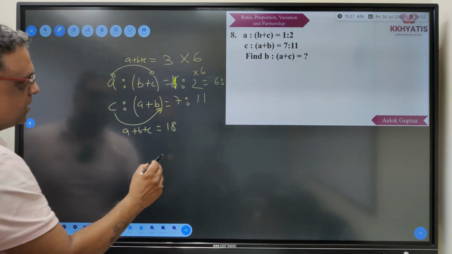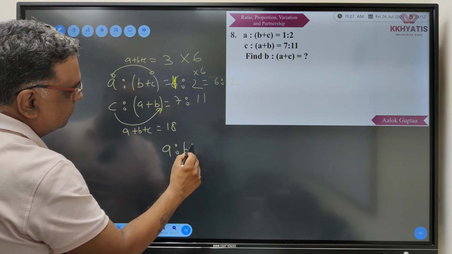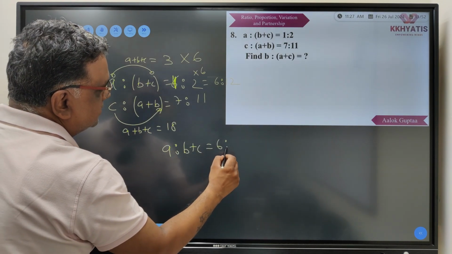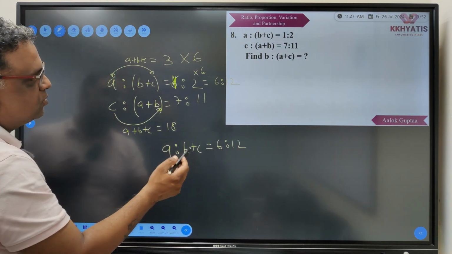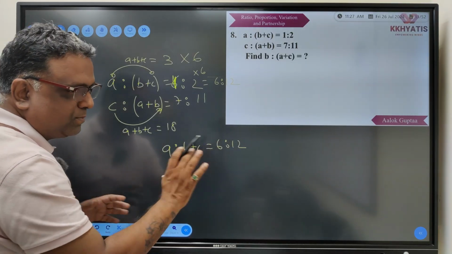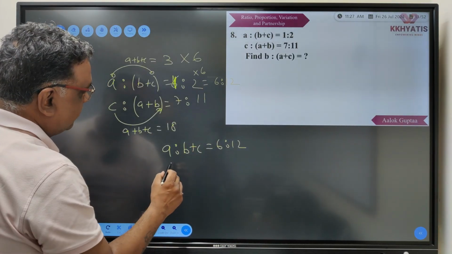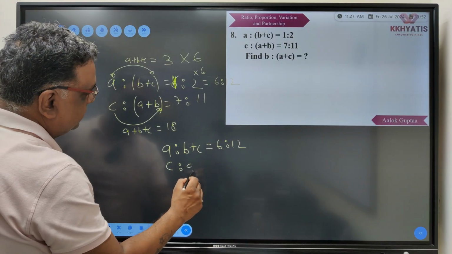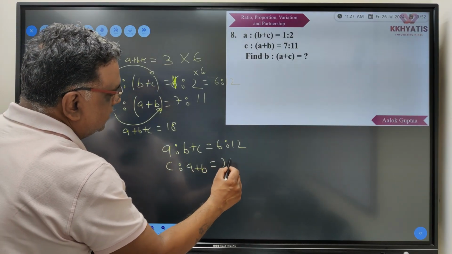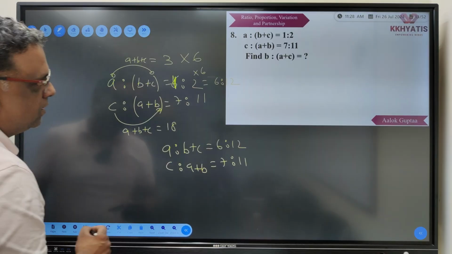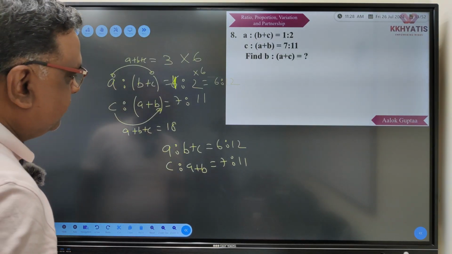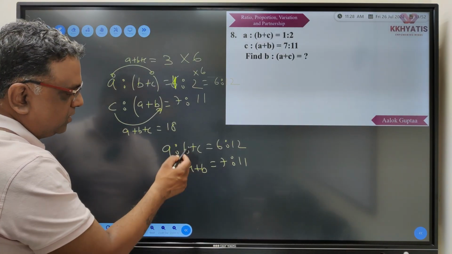So now my ratios actually became A is to B plus C is 6 is to 12. So understand one thing, 6 is to 12 is same as 1 is to 2. So my ratio I am not changing by multiplying it by 6. And C is to A plus B is 7 is to 11. Right? Which means now both these quantities are same.